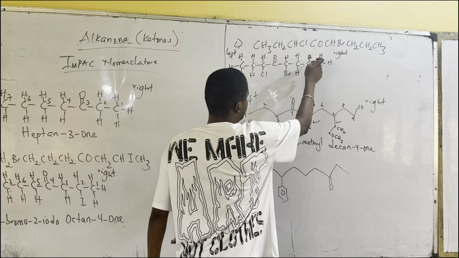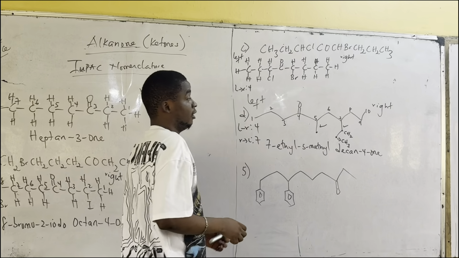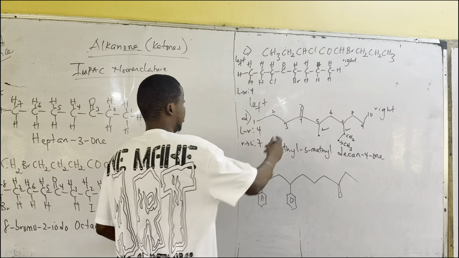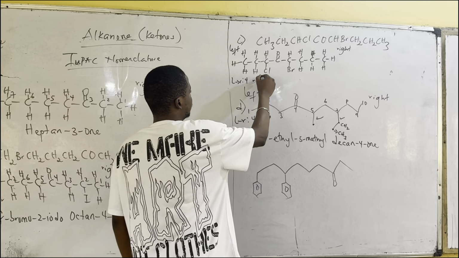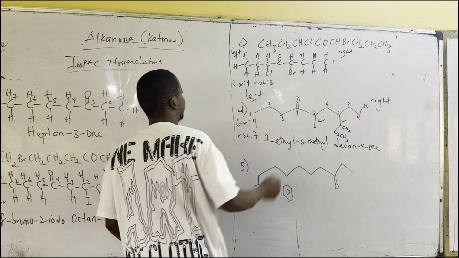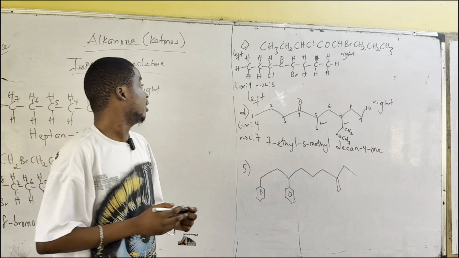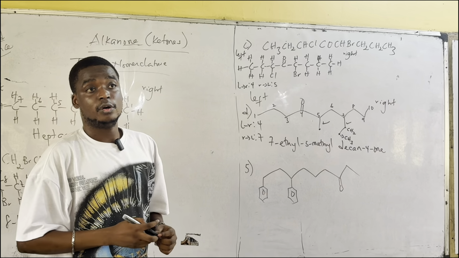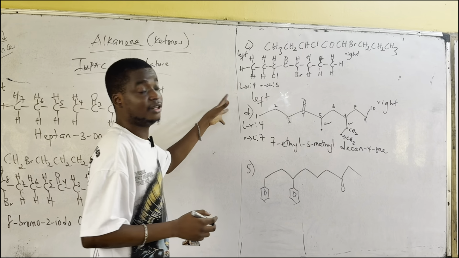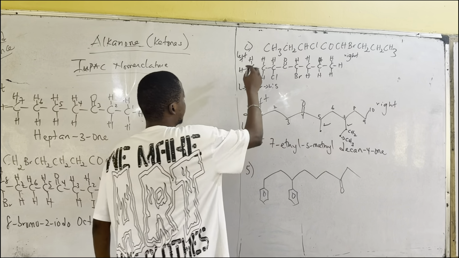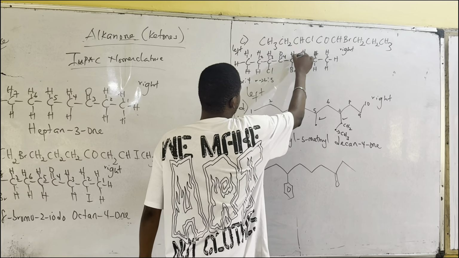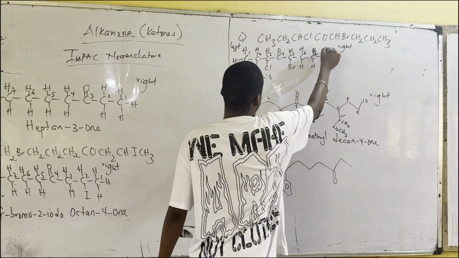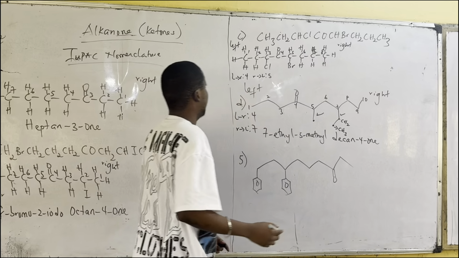We have 1, 2, 3, 4, 5. So right to left, we have 5. So which is smaller? 4. So we'll number from left to right. So it's going to be 1, 2, 3, 4, 5, 6, 7, 8 as the longest chain.